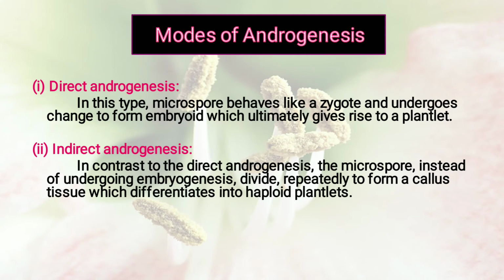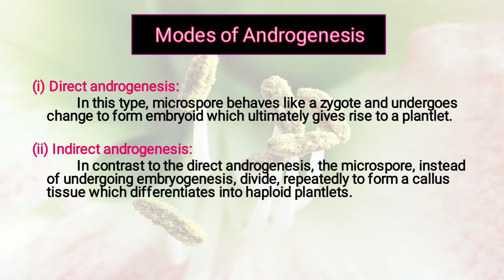Modes of androgenesis. These are the different modes of androgenesis. The first one is direct androgenesis and the second is indirect androgenesis. In direct androgenesis, the microspore behaves like a zygote and undergoes changes to form embryoids, which ultimately give rise to a plantlet.